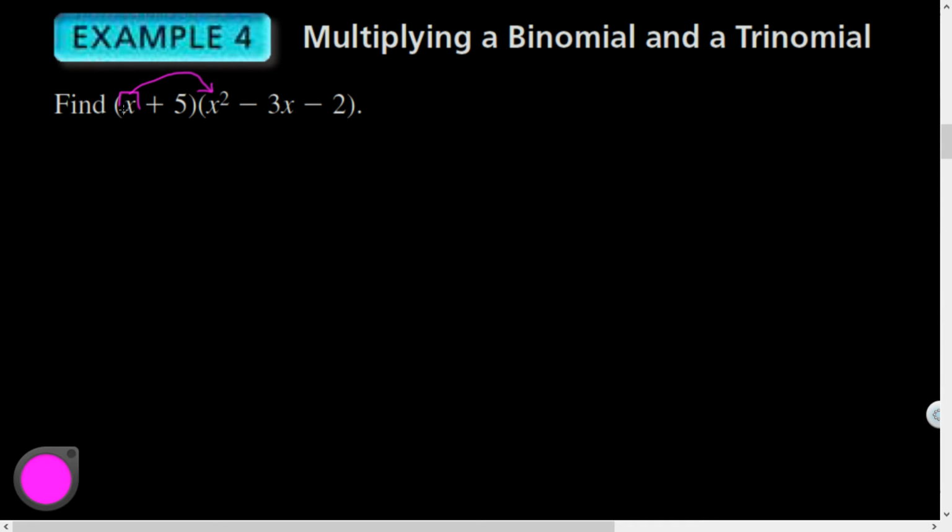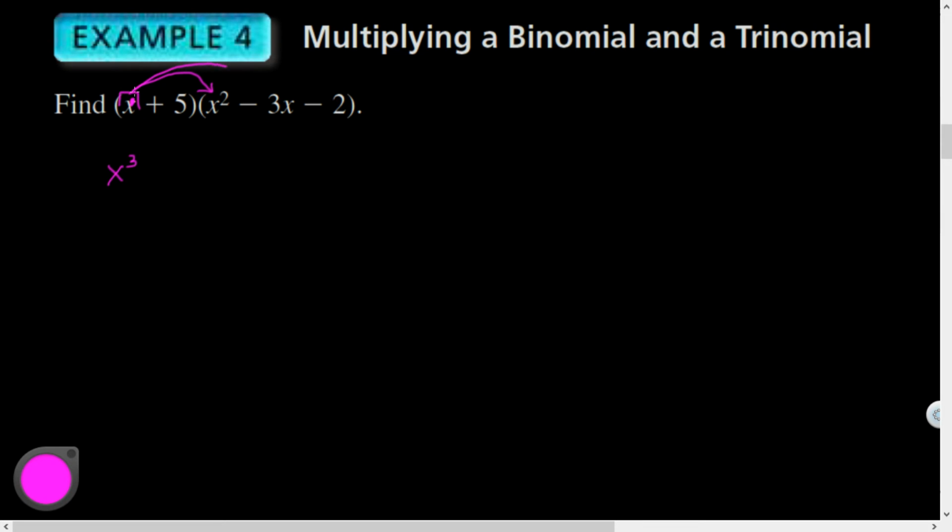What's the exponent on this guy? A little invisible 1. X to the first times x to the second is x to the third. All right, there we go. Right, so adding the 1 and the 2.